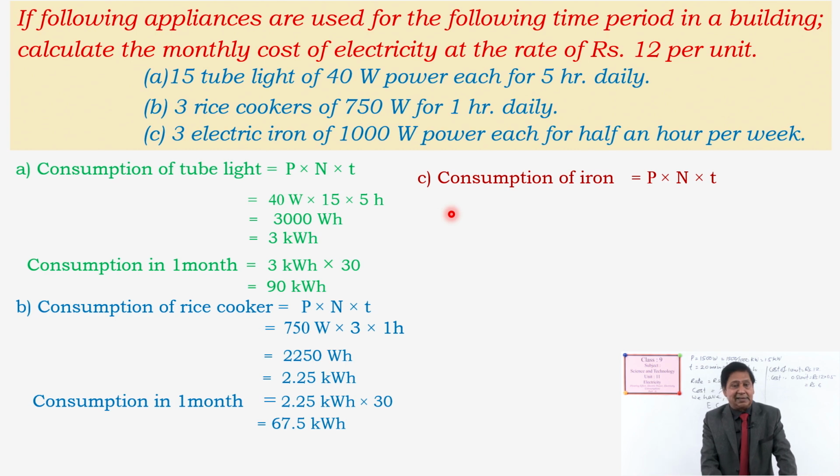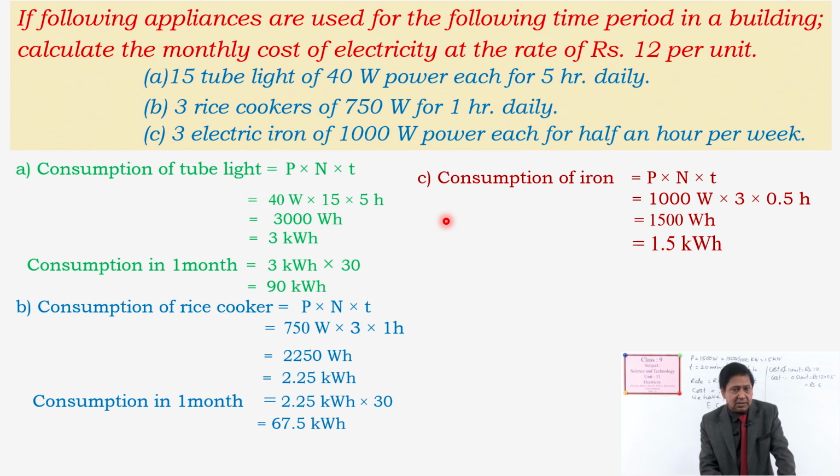Okay, now C. Consumption of iron is also P into N into T. The value of P is 1000 watt, N is 3, and time of use is 0.5 hour. When we multiply all this, 1500 watt hour, and this is equal to 1.5 kilowatt hour. This is the consumption in 1 week. We have to convert into 1 month.